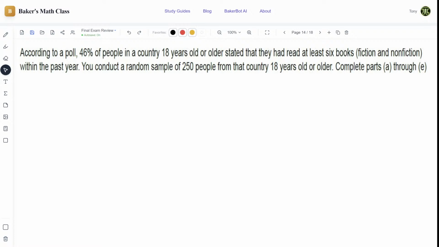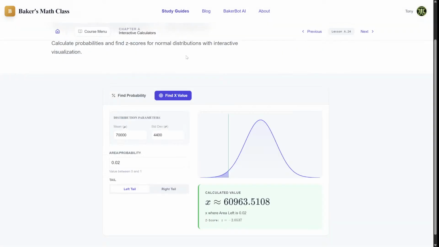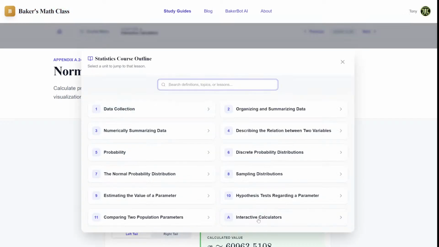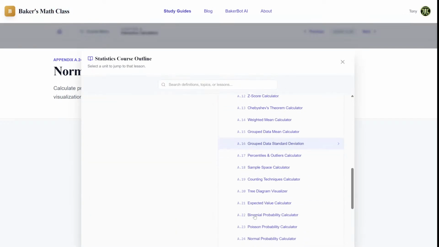So first thing we have to do is figure out if it's normally distributed. Since this is a probability, we're going to use the one for proportion.